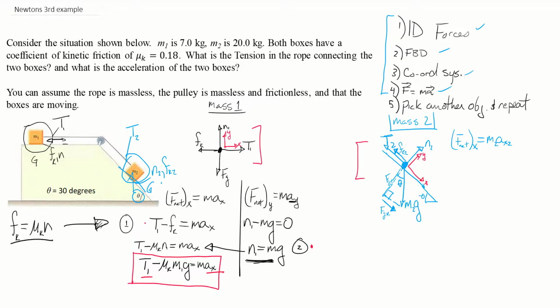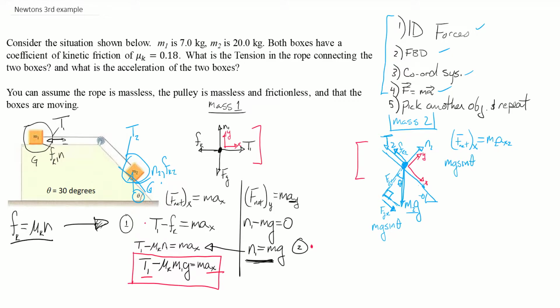But anyway, if that's the case, I know my hypotenuse, the side opposite my right angle, has a magnitude of m2g. So if I want to know the side opposite that angle, the force of gravity in the x direction is going to be mg sine theta, because it's the opposite angle there. So I have mg sine of theta.